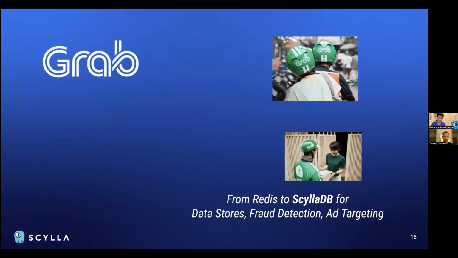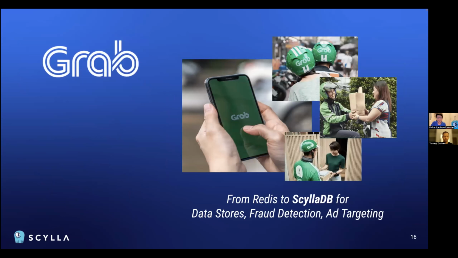All right, so Grab uses ScyllaDB for real-time fraud detection, ad targeting, and as their source of truth. Their migration was a direct replacement from Redis, and later on they introduced other use cases. And their approach similarly resulted in the very same benefits we mentioned earlier.